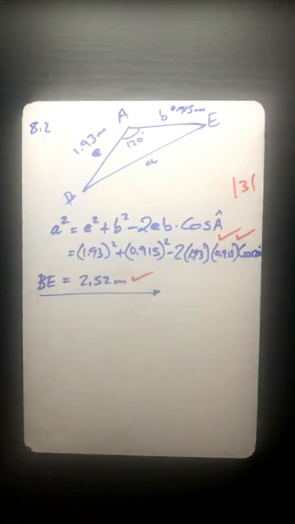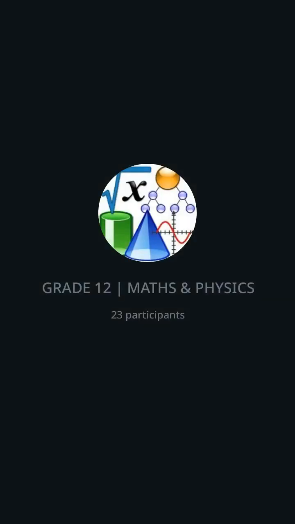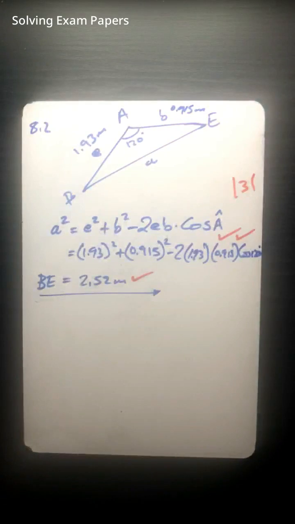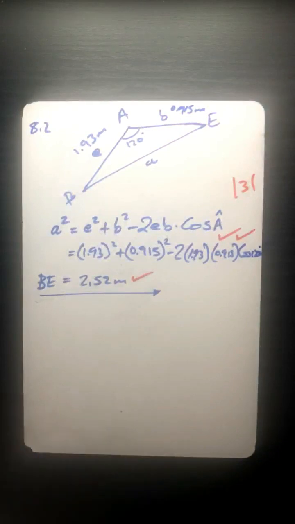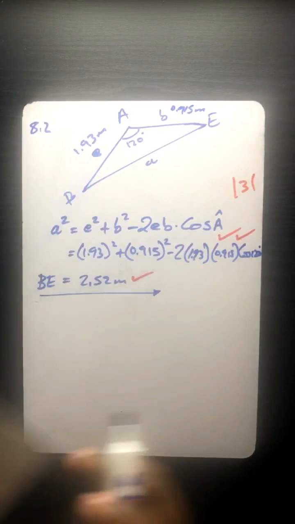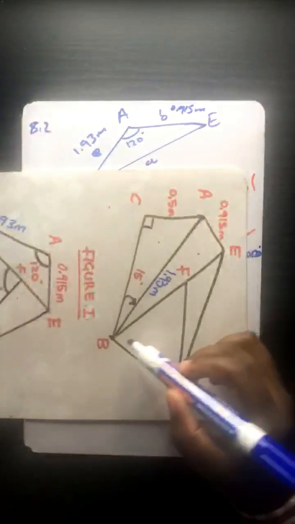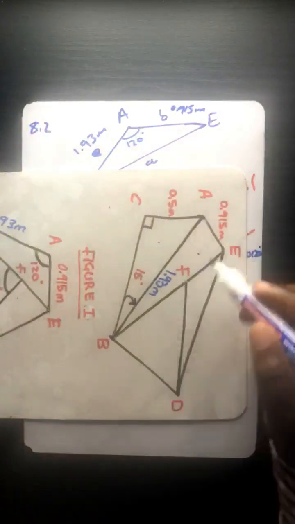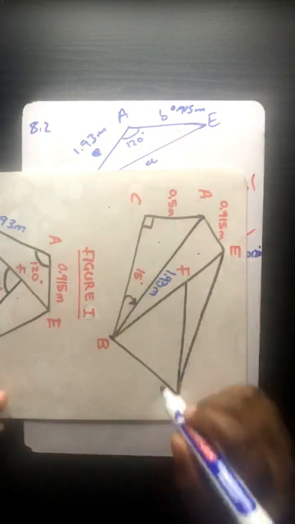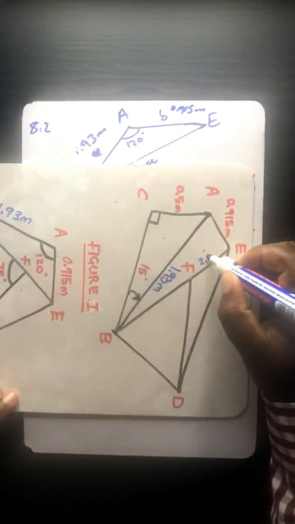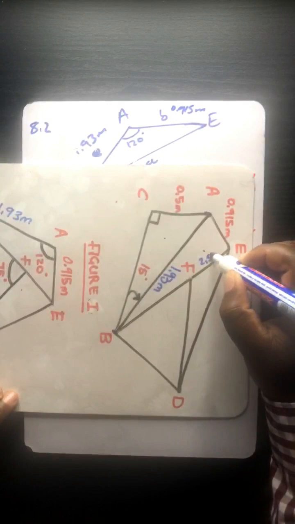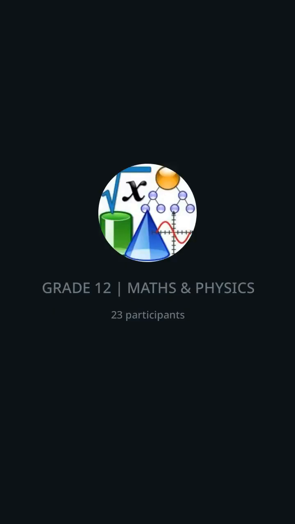They are not difficult. It's just a matter of you being able to identify the triangle that you are working with. And once you find the side, just try to write it wherever you can. So this is BE that we've just calculated. So maybe that BE, what is it? Someone is saying 2.52. So let's maybe write it there, 2.52 meters. It's not F but EB.